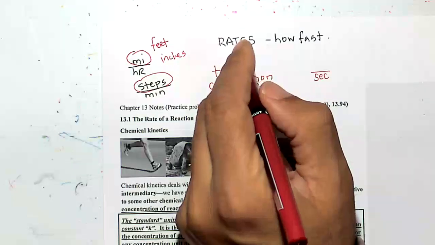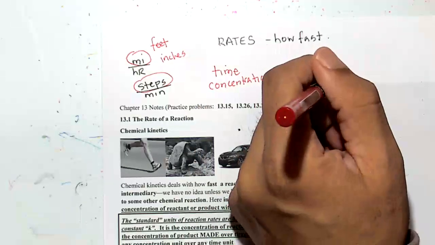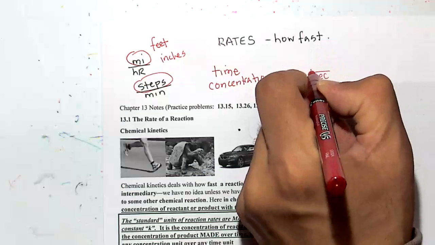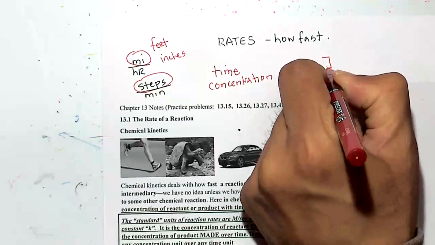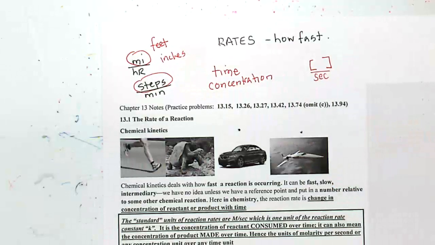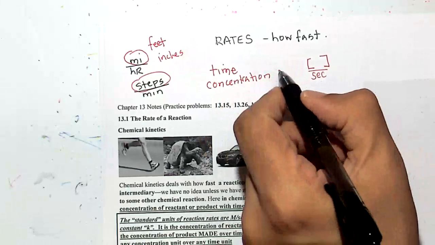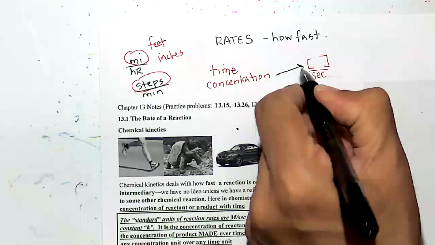In chemistry, not always, but at least in this chapter, the concentration is going to be molarity, moles of solute over liters of solution. So this is how we measure our speed.